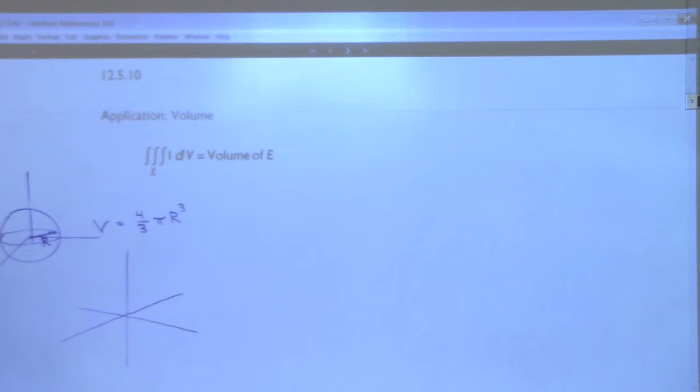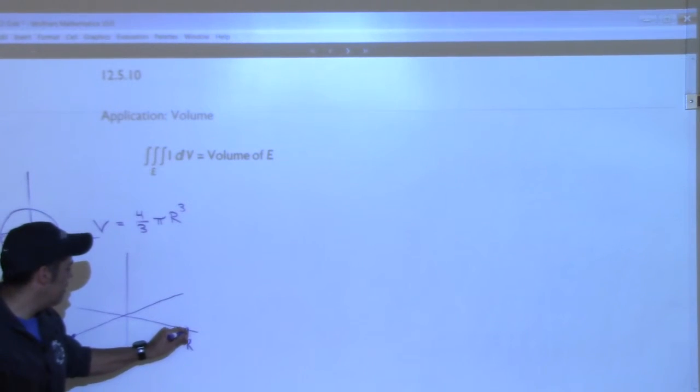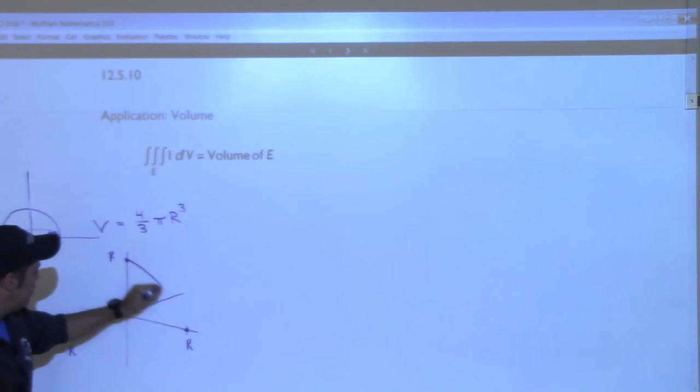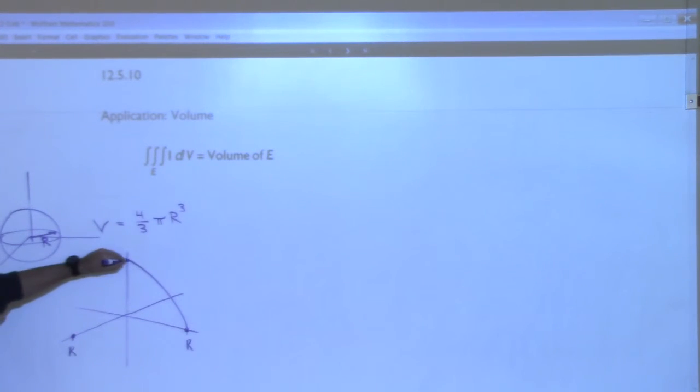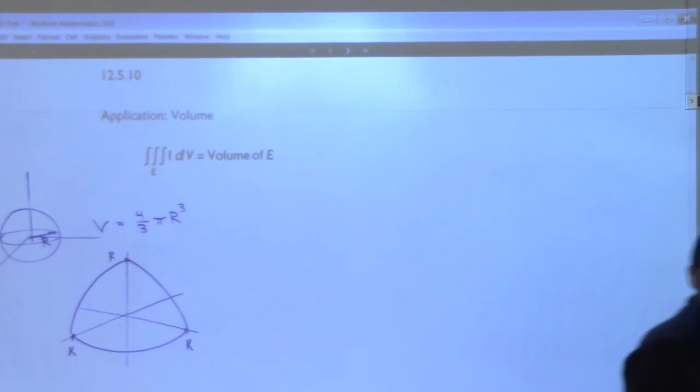What's the radius again? Capital R. So this is R here. My sphere would hit here, and it would hit here, right? And then it would hit up here at R, right? And where it cuts through the YZ plane would be there, and then through the XZ plane would be here, and then through the XY plane would be here. Do you all see that? You sure? It's like 1/8. It's 1/8 of the sphere, or the ball, isn't it?